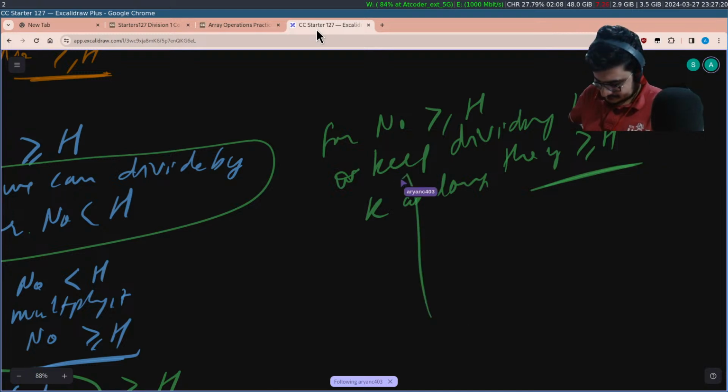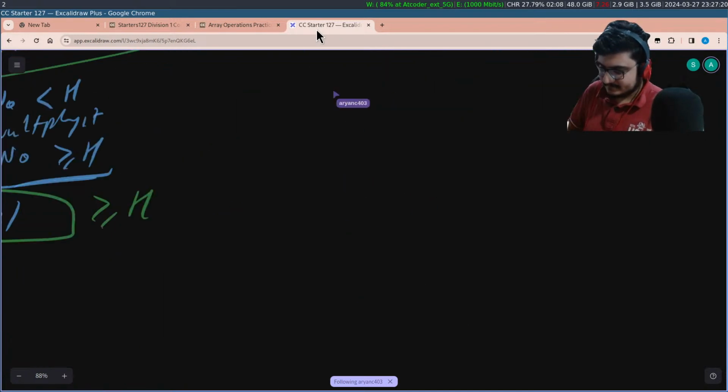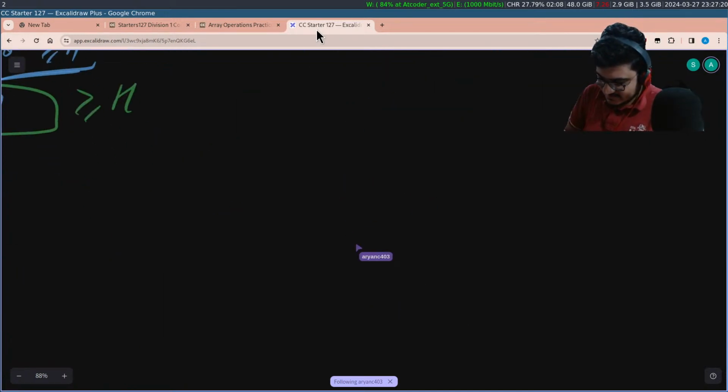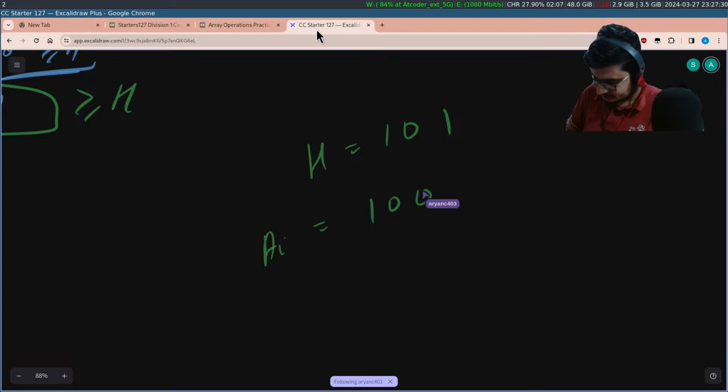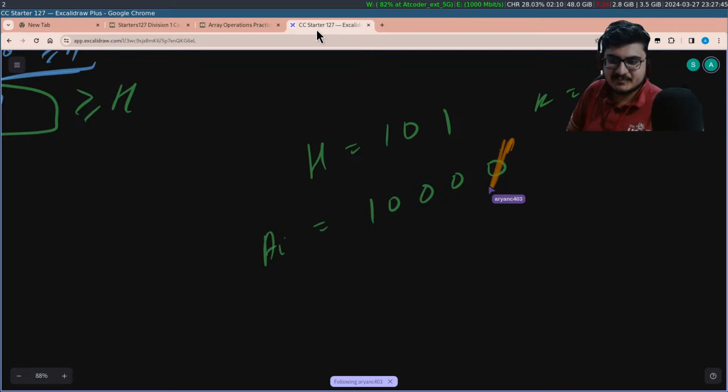So the idea is, let's say our h is 101 and AI is 10,000, and k is 10 again. My idea was to do even one operation on this one, because after doing one operation, the number remains still greater than h. But if I do a second operation, the number becomes less than h. So I also had these many counts in C2.